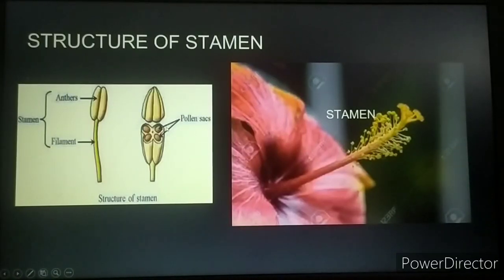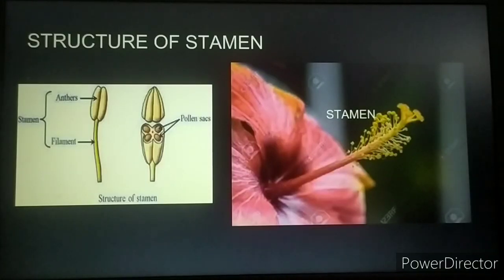The pollen grains are very small in size, and they are formed in the pollen sacs of the anther. Though they are very small, they take part in reproduction. It is the pollen grains only which produce the male gametes or the male reproductive cells for fertilization.